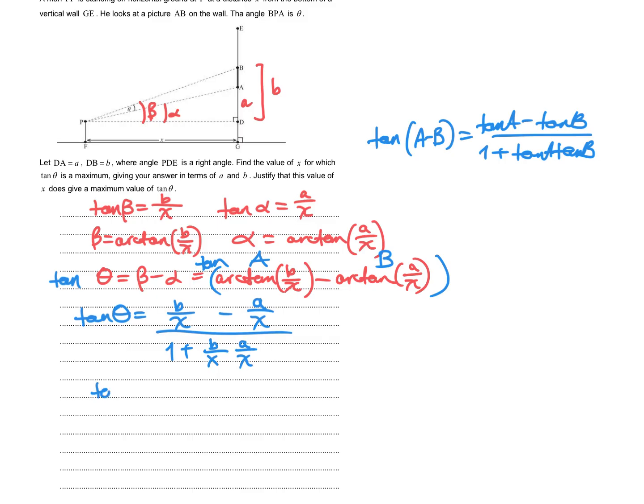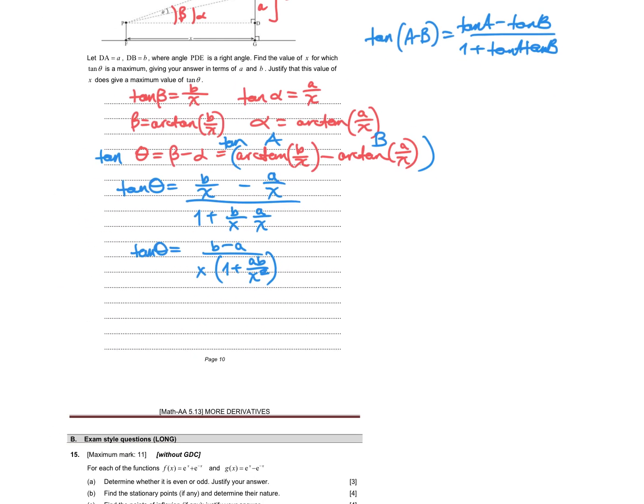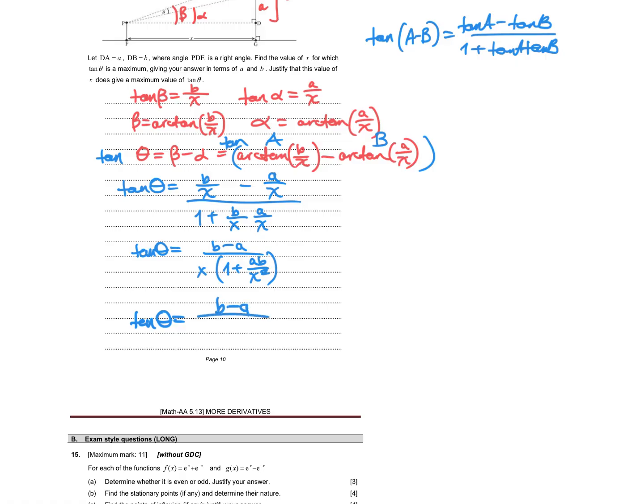So we're going to have tangent theta equals B minus A over x, and then 1 plus AB over x squared, and tangent theta is going to be B minus A over, distributing the x, x plus AB over x.